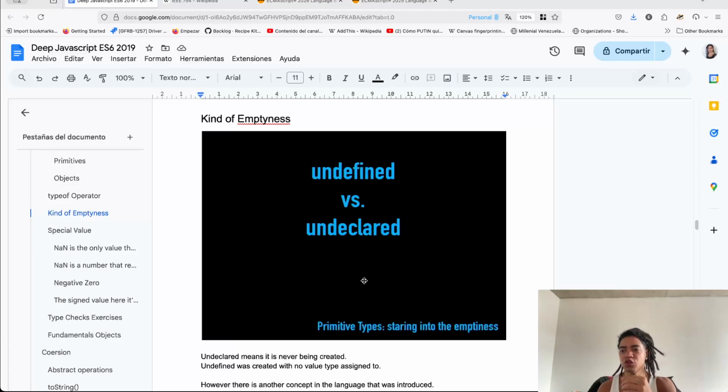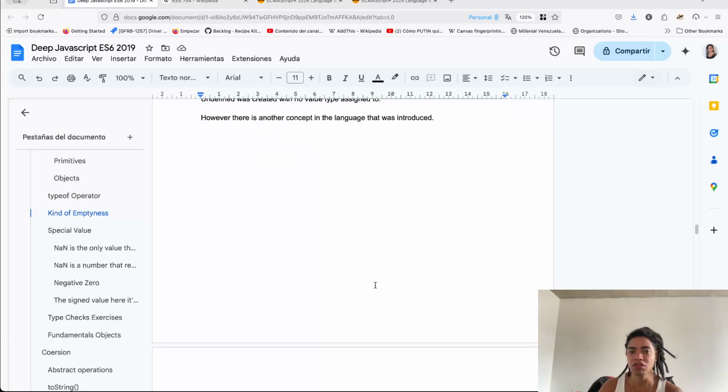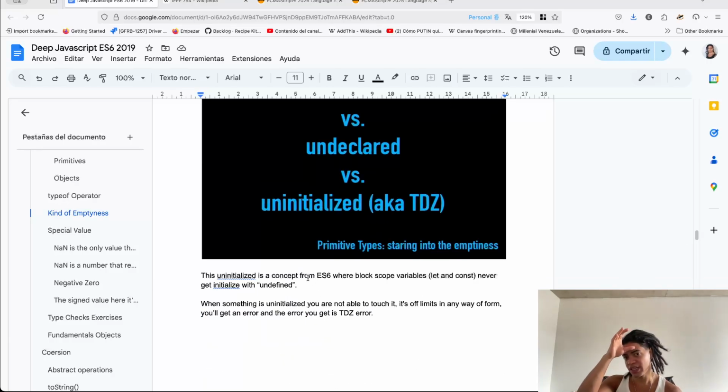Undeclared means you didn't even create it. Uninitialized, also known as the temporal dead zone, is true for let and block-scoped variables, which are never initialized with undefined. Unlike var, which is initialized with undefined, this state of emptiness can happen especially with let.